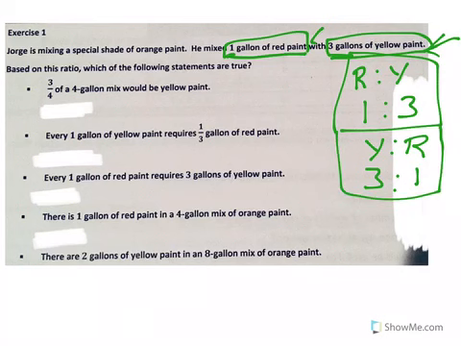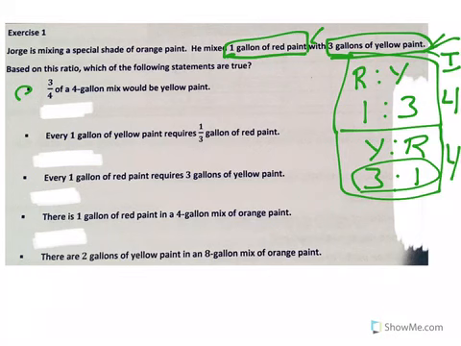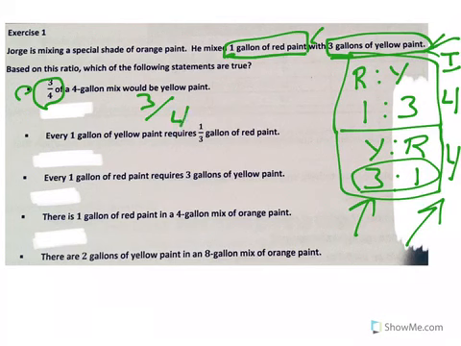All right, so let's look at our first problem here. It says 3/4 of a 4-gallon mix would be yellow paint. Well, that would mean we know the ratio of yellow to red is 3 to 1. We may want to also add over here our total, right? So there'd be 4. So if I say 3 out of 4, well, over here it looks like 3 out of the 4 total gallons would be yellow.